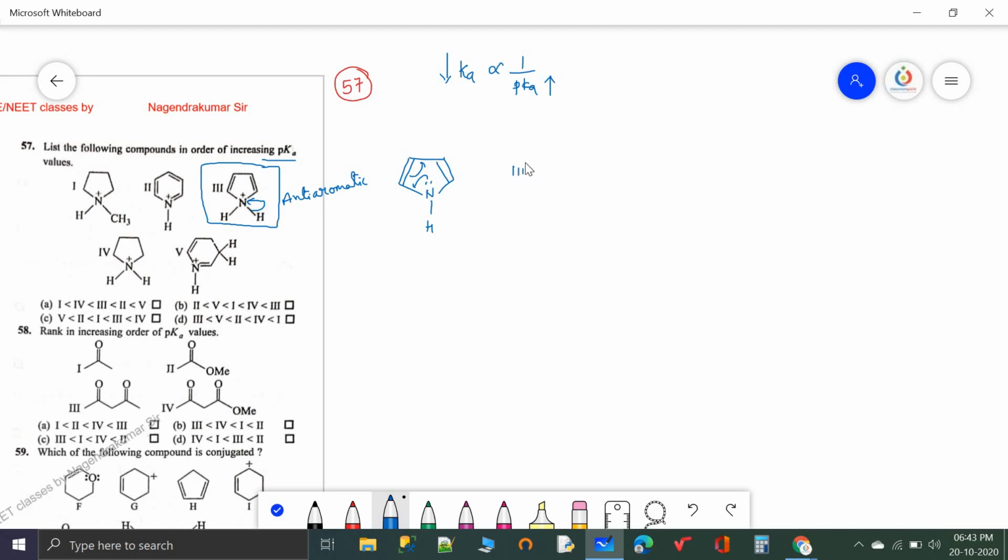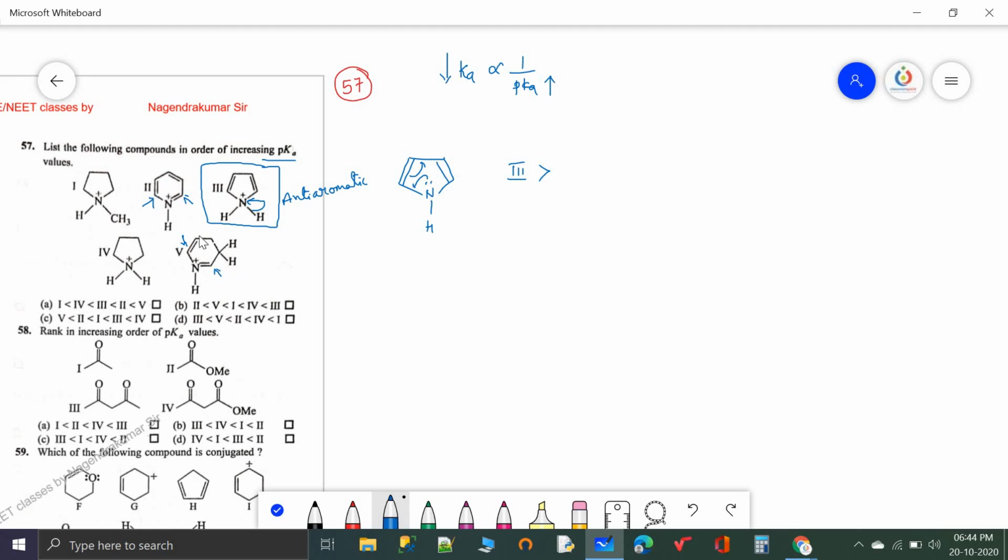First of all, let us write down the acidic nature. Then the remaining two are there. In these two, this hydrogen will not be lost by this nitrogen, and moreover, this nitrogen and this nitrogen are both connected to sp2 hybridized carbons. You can see this is sp2 hybridized, sp2 hybridized. Here also sp2 hybridized carbon, more electronegative carbons. And in both nitrogens, though they get the electrons back, those electrons will not participate in the resonance.